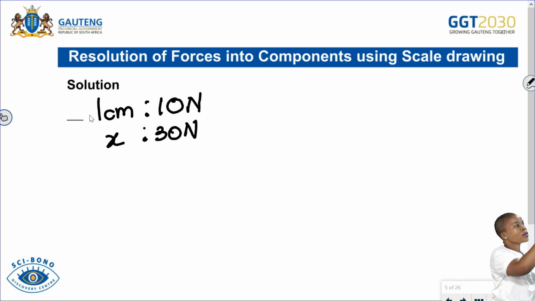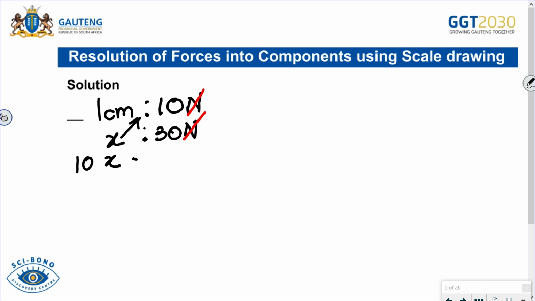So we cross multiply, but before that, the newton units cancel, leaving 1 unit, centimeters, because we're trying to find what we are drawing. So x times 10 is 10x, which equals 1 times 30, which is 30.